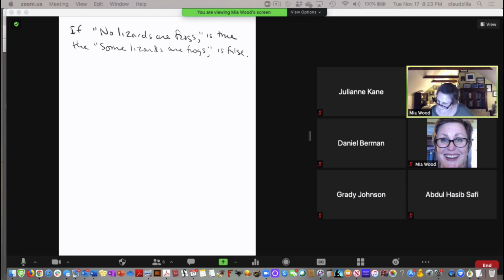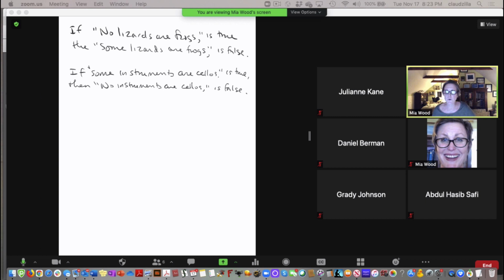Similarly, if some instruments are cellos is true, then no instruments are cellos is false. And here again, we can build our diagramming.